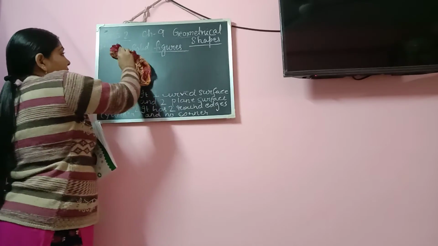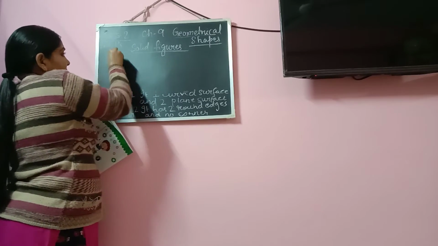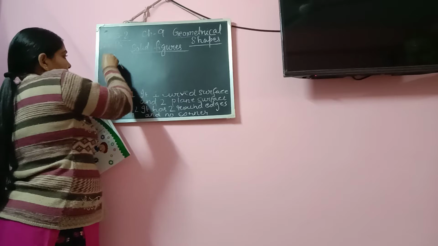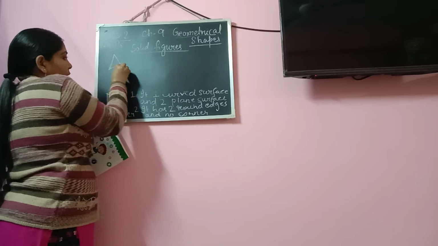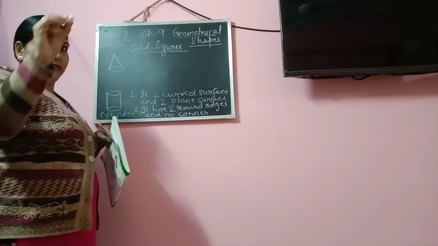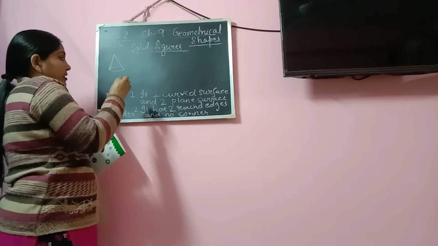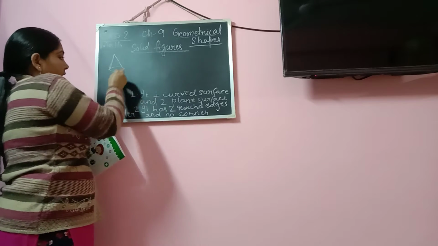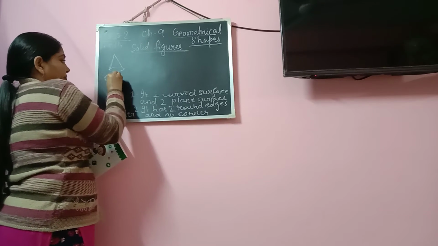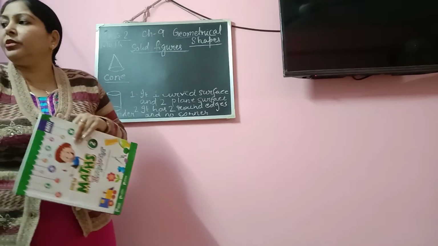Okay, so I'm going to just draw that shape for you. It has one round surface, and one corner, and then it is known as cone. The name of the shape is cone. Now I will show you this one.